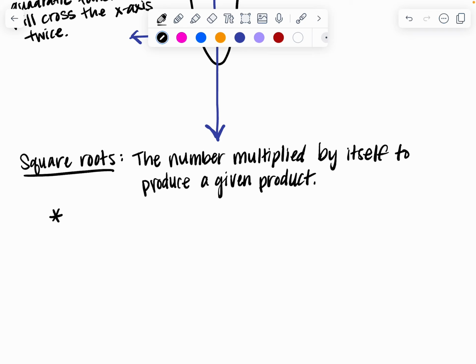Now, something you may not have heard about or thought about before is that a positive number always has two square roots.